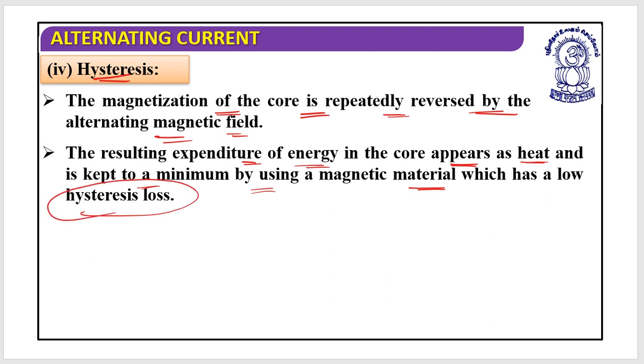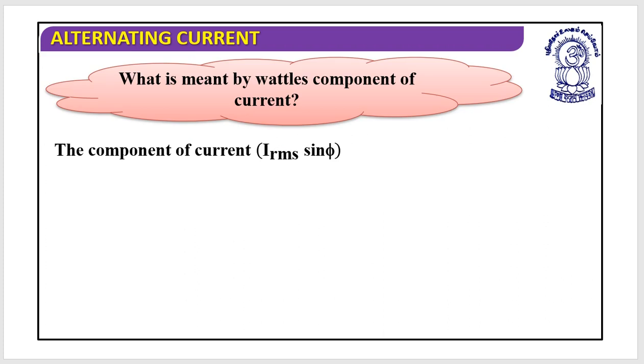Because if it has a high hysteresis loss, it will lose a large amount of energy, and that energy cannot be linked to the secondary, and so efficiency will be reduced. So these are some of the losses that are attached while we are using transformers. Now let's look at the next questions.